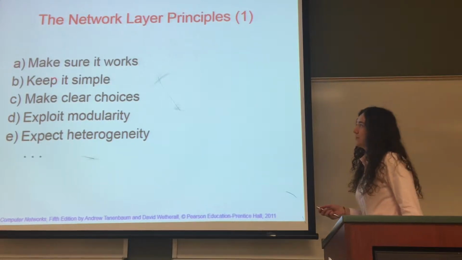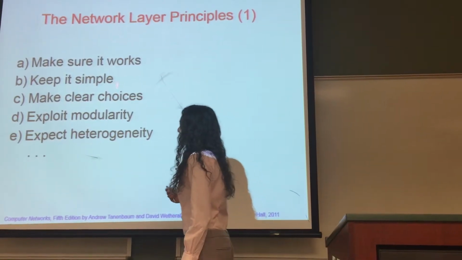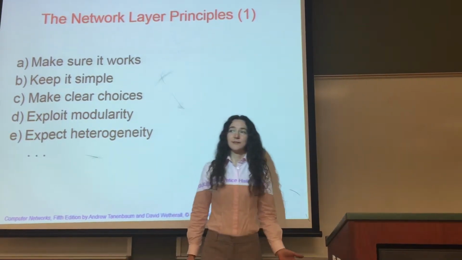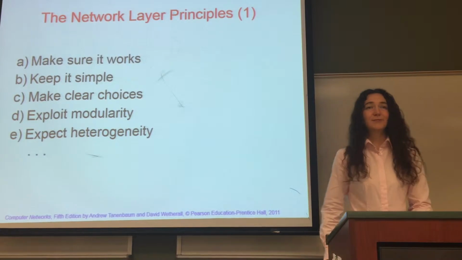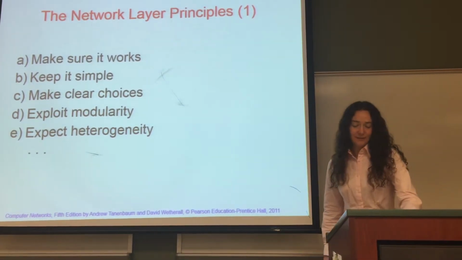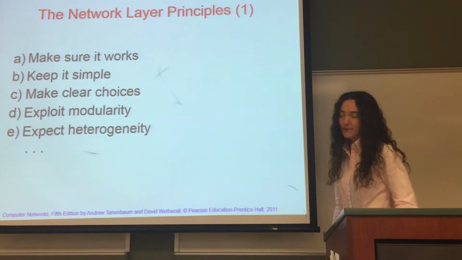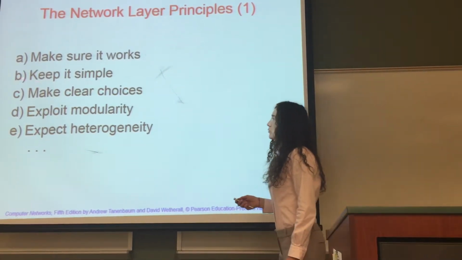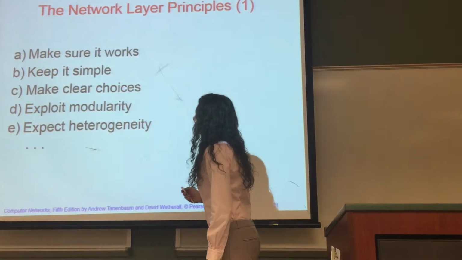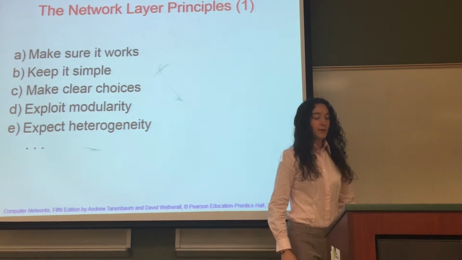We have seen this programming rule before. Keep it simple, silly, which is try to use the simplest solution and don't make the design too complex. Make clear choices. If there are several ways to do the same thing, we should choose one of them to avoid ambiguity.